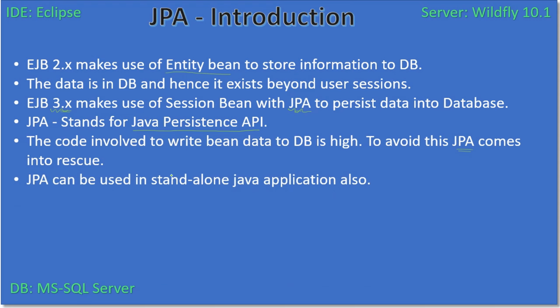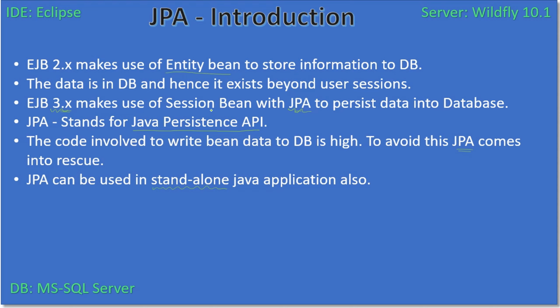JPA can be used in a standalone Java application also. That means this Java Persistence API is not tied to Enterprise Java Bean. The API is written to communicate with the database.